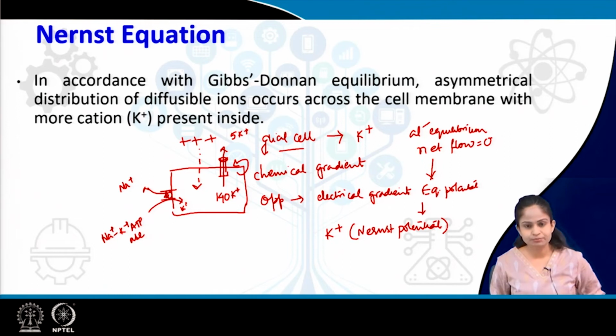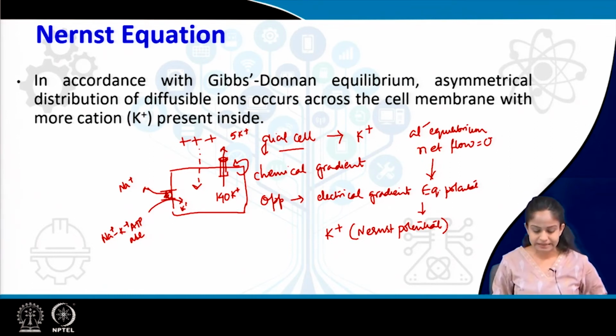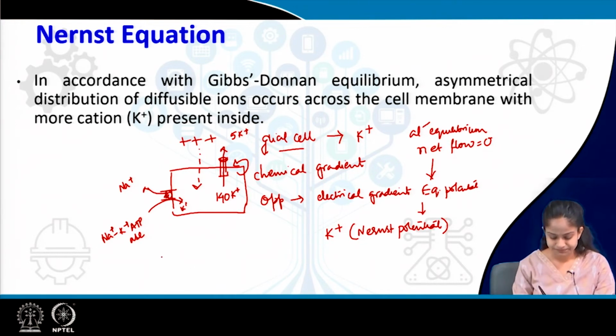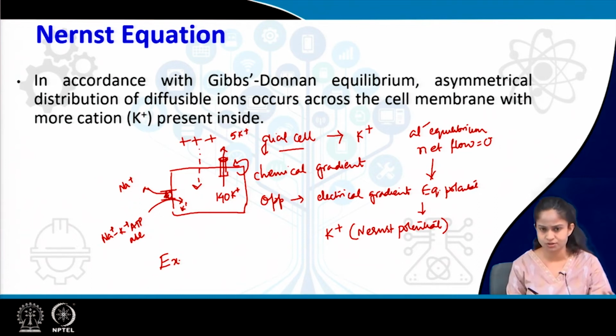So, this equilibrium potential or Nernst potential of potassium we can usually record with the help of microelectrodes, but if we do not have microelectrodes, we can calculate it by using the Nernst equation. The Nernst equation states Ex, where X is the ion, whichever ion, whether it is potassium or sodium.